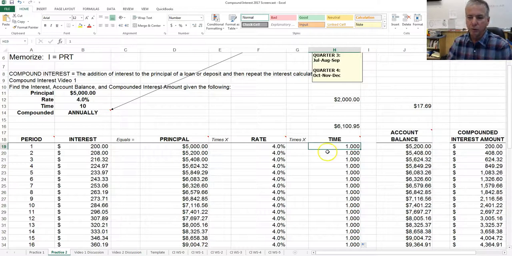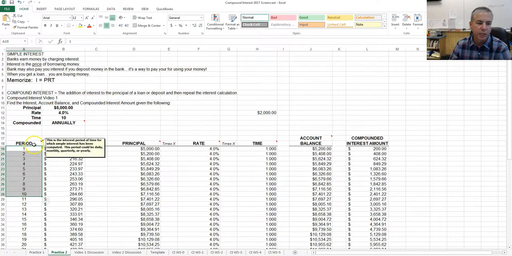But because it's once a year, we have to make sure that we're showing how much time in terms of years that we are compounding. I hope that clarifies that. By all means, ask questions if not. The reason is that we are compounding once per year. So for 10 years times once per year, that would be a total of 10 compounding periods.